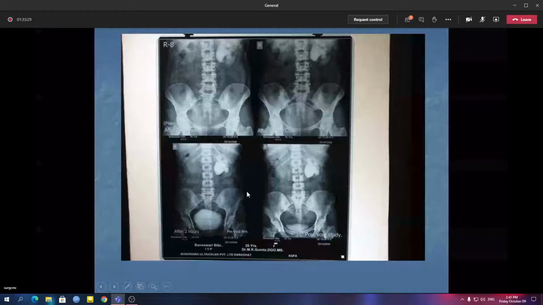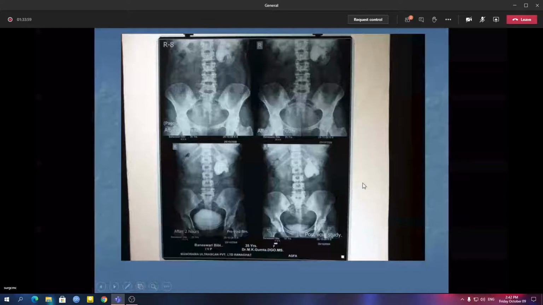Now you see in this particular plate, on the left side, the pelvicalyceal system is dilated, at 3 minutes, 30 minutes, 35 minutes, and this is 2 hours. Dye is well concentrated within the bladder and has gone out of the bladder, but this system remains intact. That means there is some obstruction at the end of the pelvis, that is the pelviureteric junction.